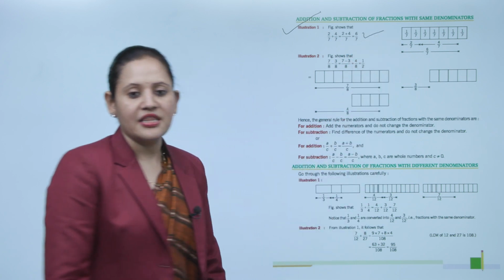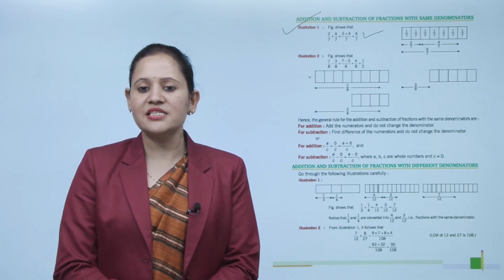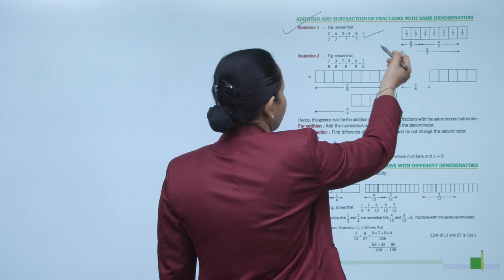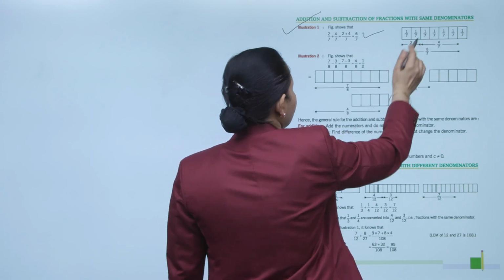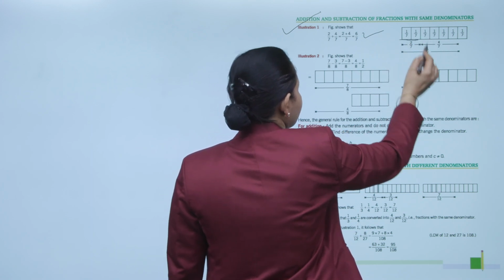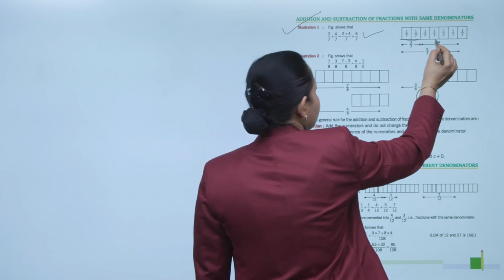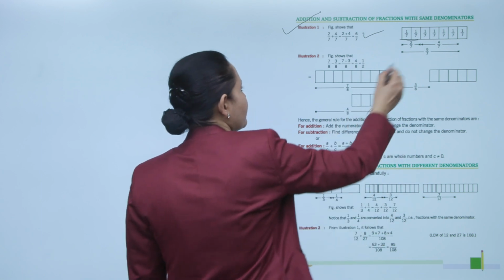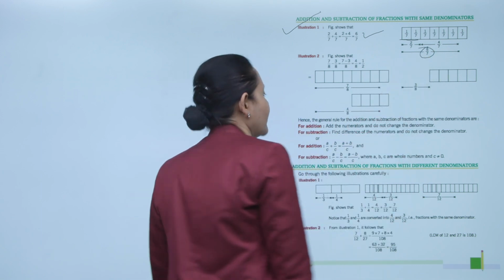Here each part represents 1 by 7, and together they represent 2 by 7 and 4 by 7. If we total them, we get 6 by 7.